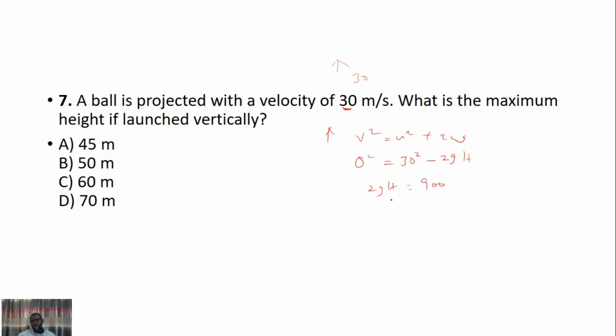Good. So h will be equals to 900 over 2 times 10, right? Is equals to 90 over 2, which is equals to 45 meter. Okay, the answer is this.